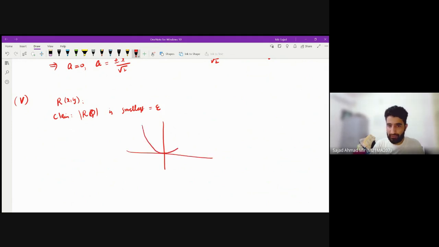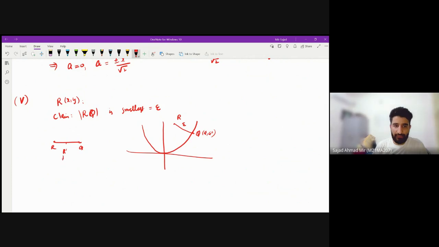This is my parabola, point Q. Let's take any point R in the xy plane, and let's say this distance is epsilon. If I claim that this distance is the smallest, then I can give you a distance smaller than this, which is half, which is less than that.